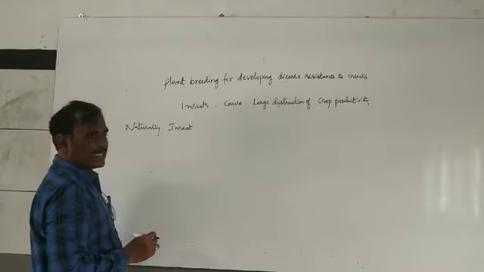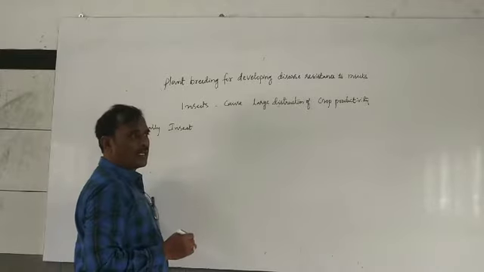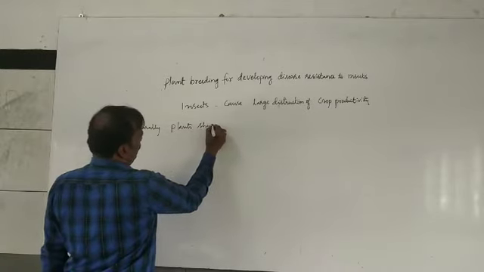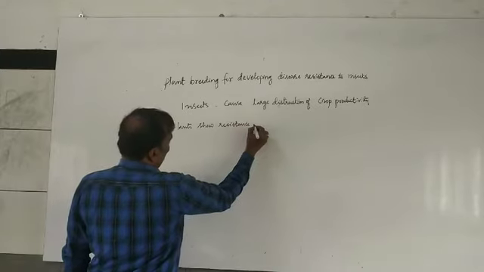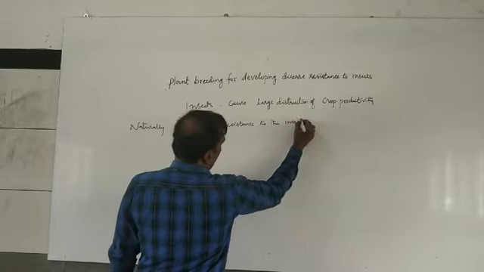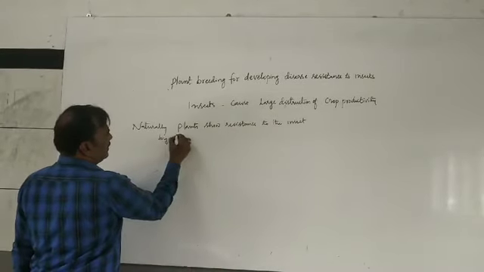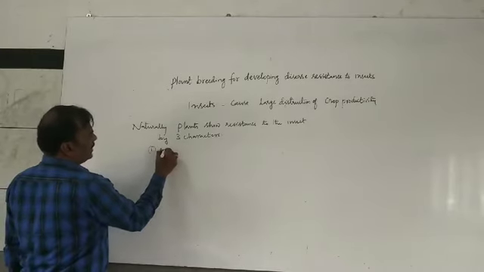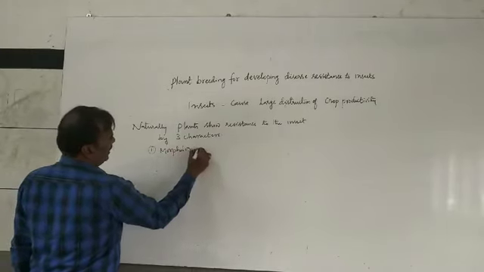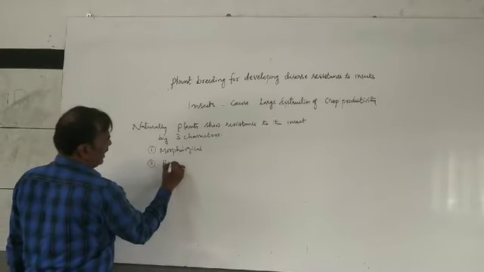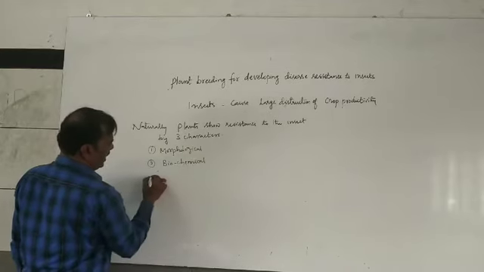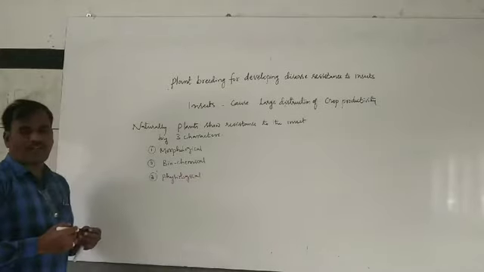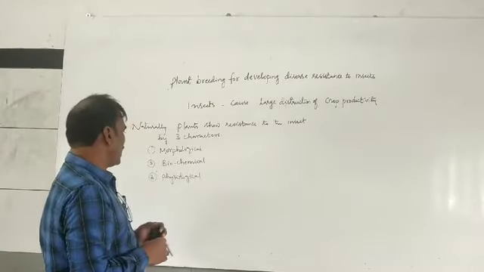Naturally, plants show resistance to insects by three characters: morphological characters, biochemical characters, and physiological characters.